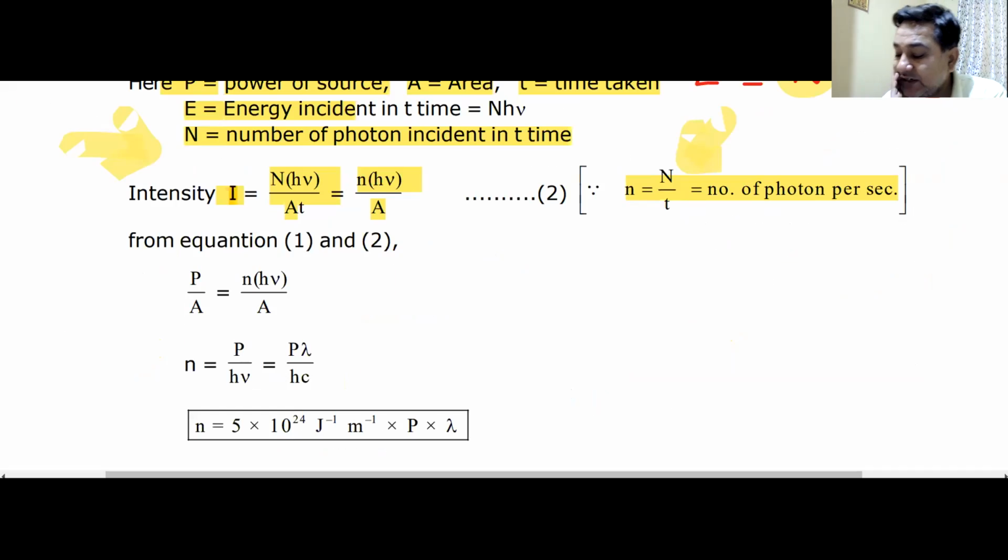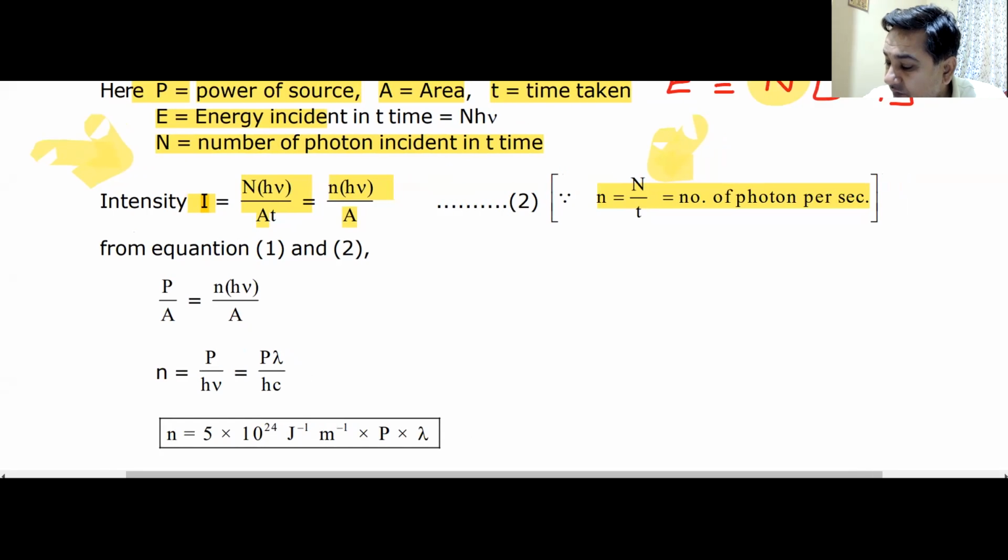Okay. Comes the next part, and this is where most of the questions are likely to come. From this equation or the other equation, we can find out the number of photons emitted per second. The number of photons emitted can be found in a variety of ways.